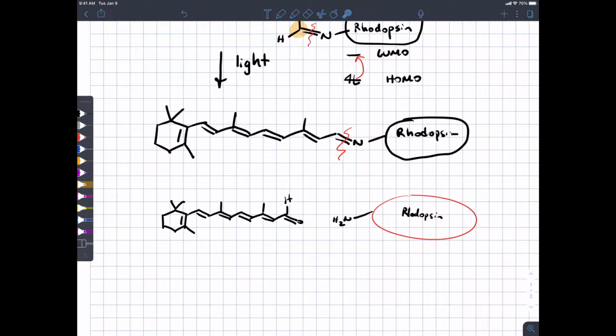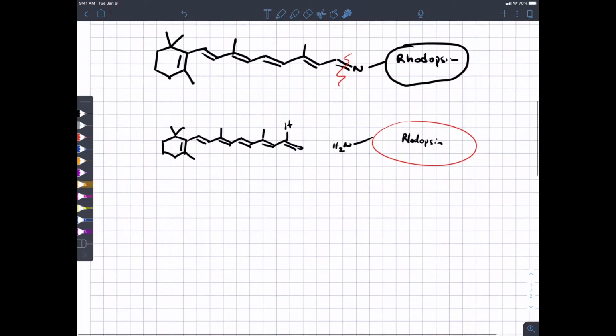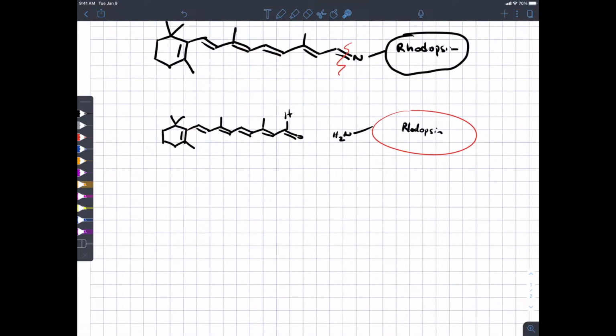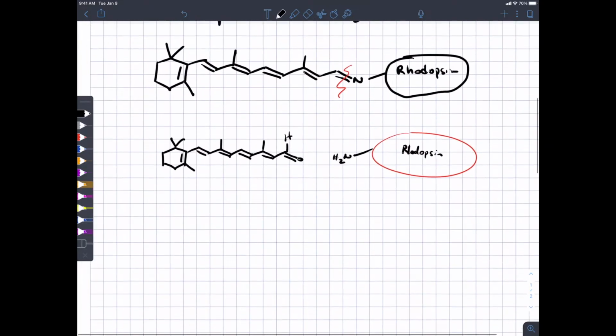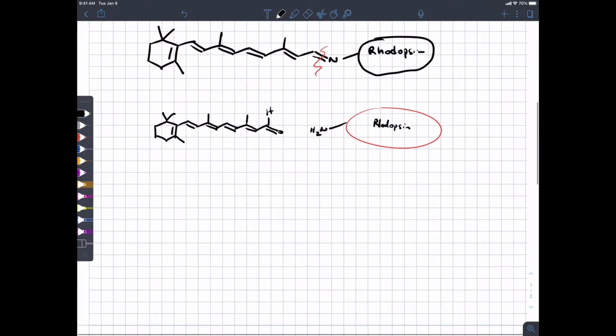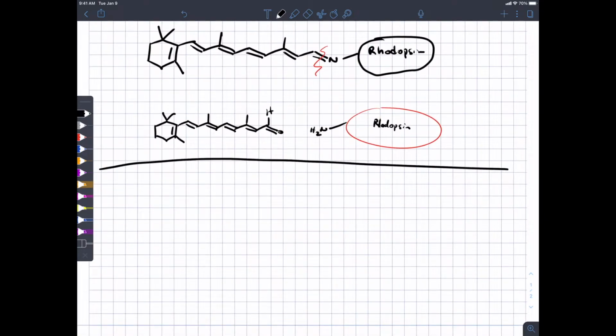Okay, so another really kind of cool example of imine chemistry in biology has to do with what your body does with amino acids when it doesn't need to make proteins. So we'll call this amino acid metabolism.